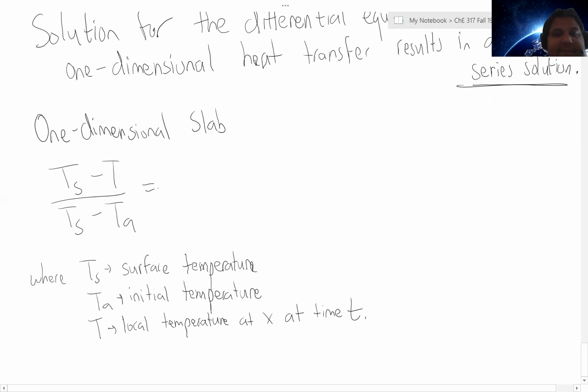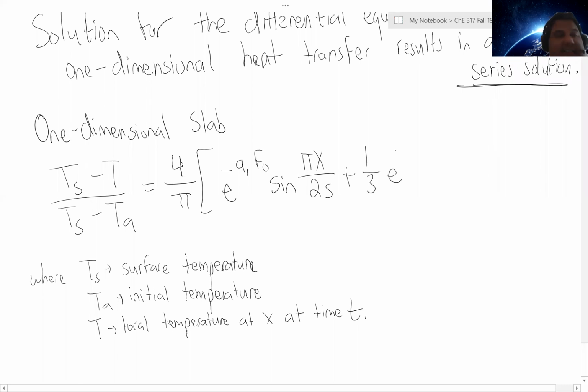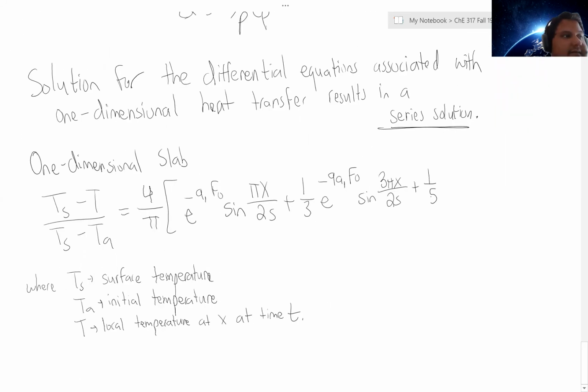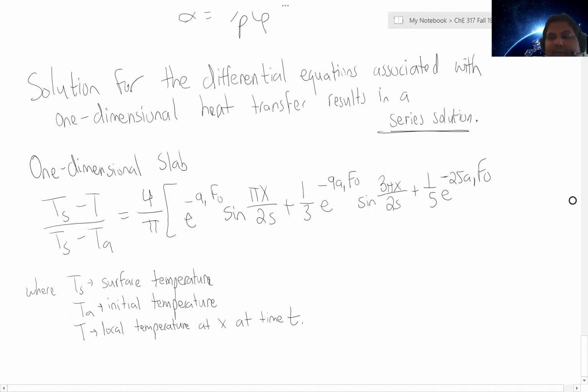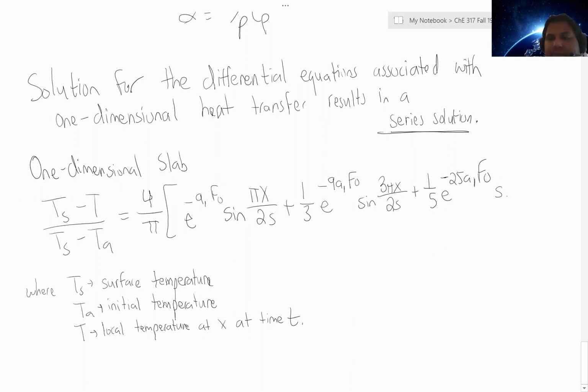And we find that for this system, the solution results in a value known as 4 pi times e to the negative a1 times Fo times the sine of pi times x over 2s, plus 1/3 e to the negative 9 a sub 1 times Fo times the sine of 3 pi x over 2s, plus 1/5 times e to the negative 25 a1 Fo times the sine of 5 pi x over 2s.